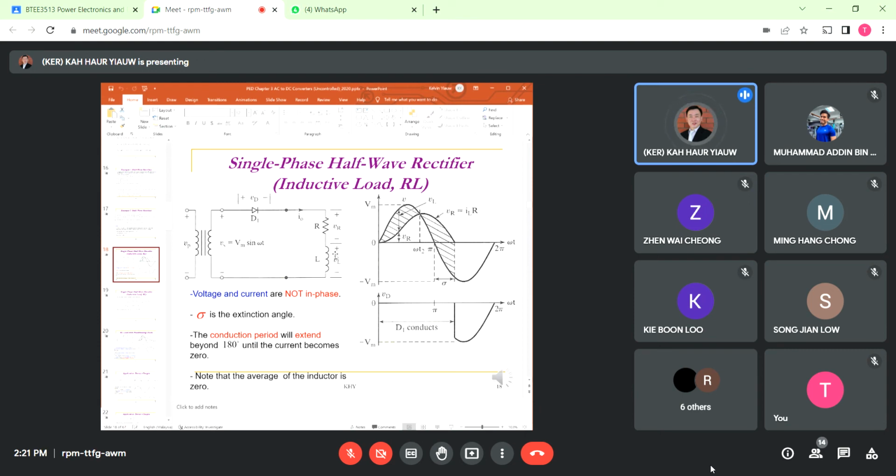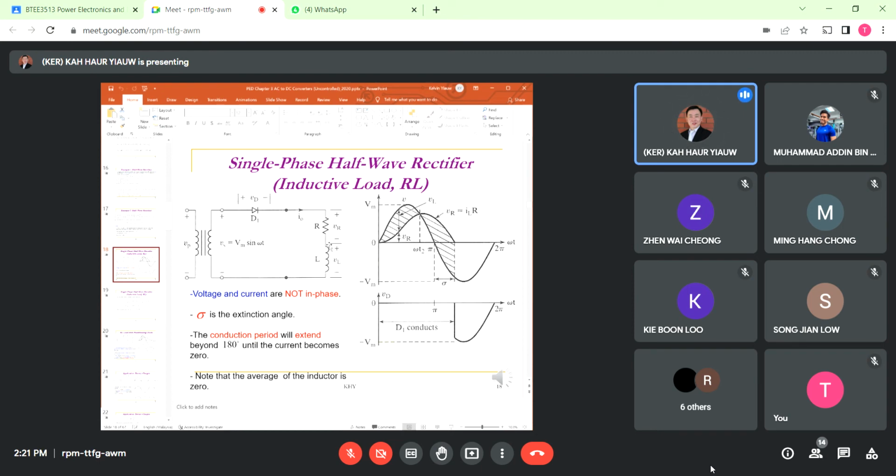During the negative half cycle, the voltage is reversed, so it is blocked by the diode here, and the current cannot go in this direction.